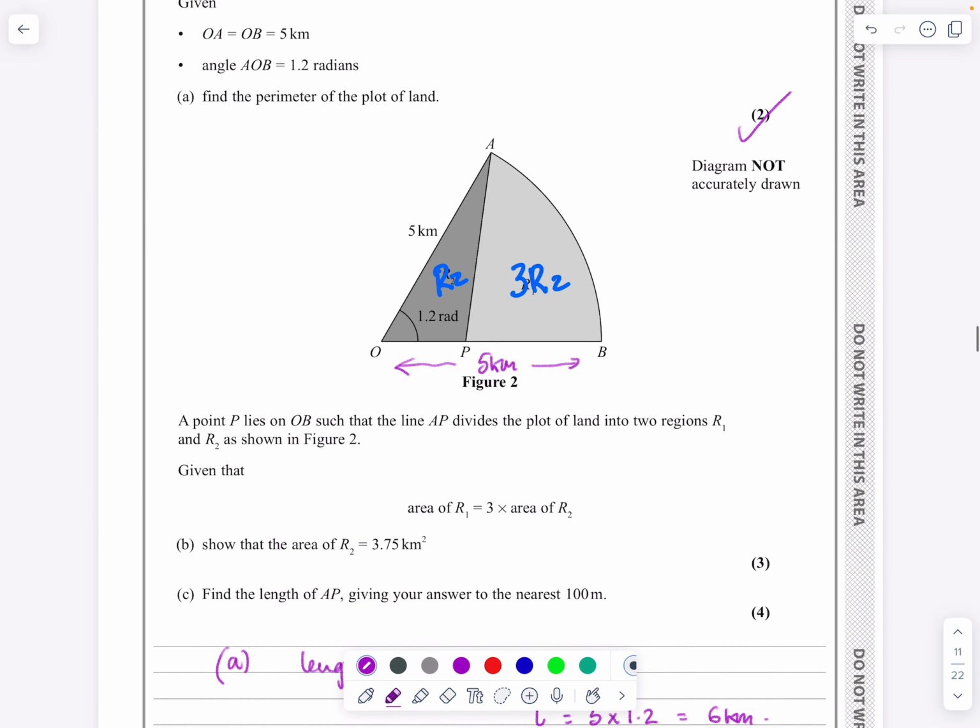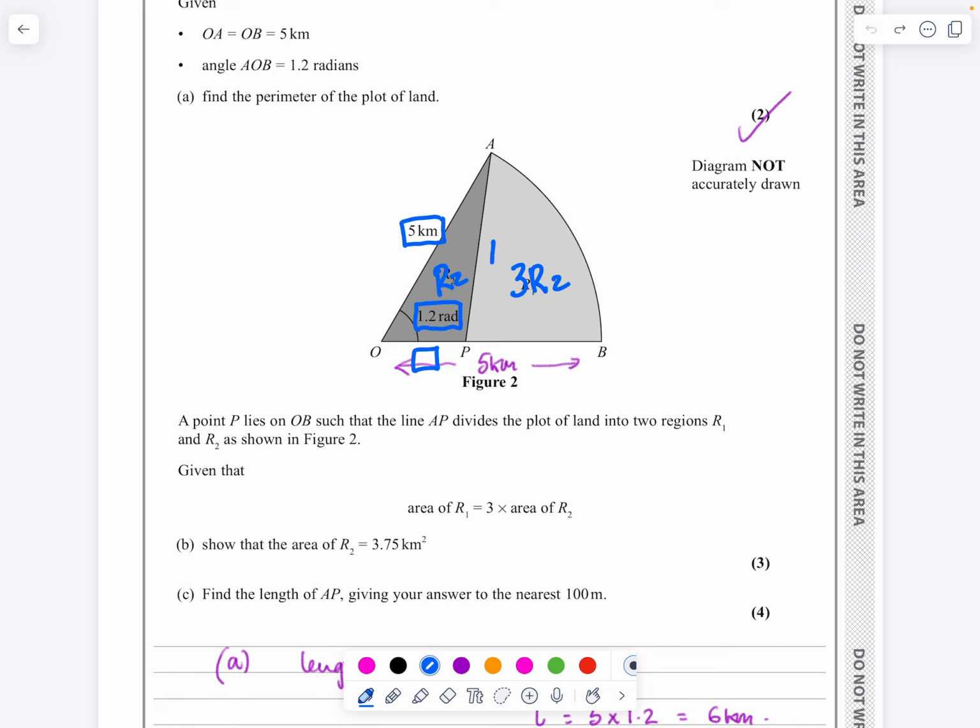And then the last part, they say, okay, can we now find the length AP? So the length AP, let's just have a look at that. That's this length here. If I want that length there, looking at the information I've got, if I had this length, this area, and this length, then that would be a pretty classic cosine rule question, where I've got 2 sides and the angle in between them.